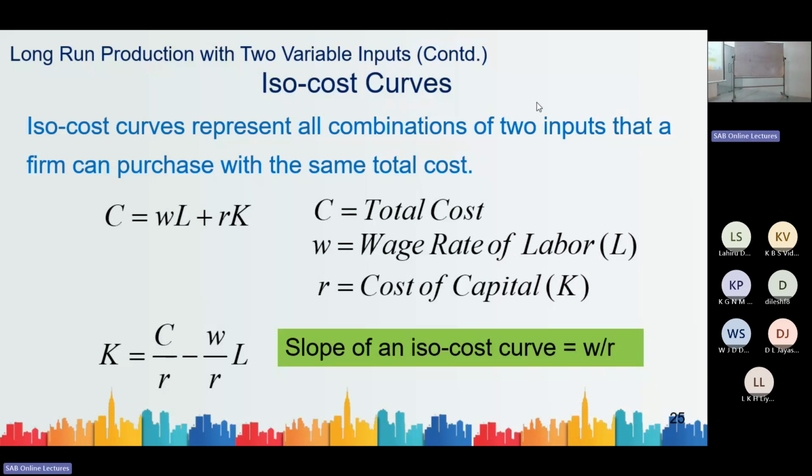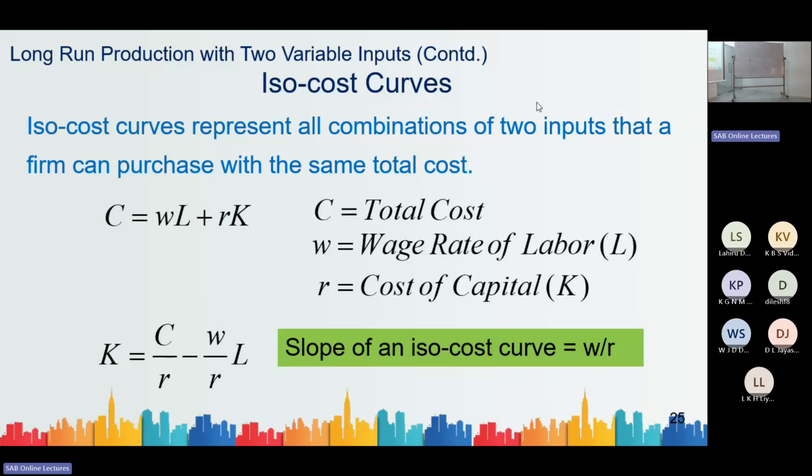Okay. These are the shapes of isoquants. We talked about 3 different shapes. One is convex to the origin, for the imperfect substitutes.